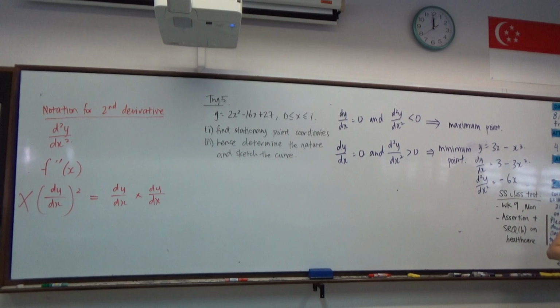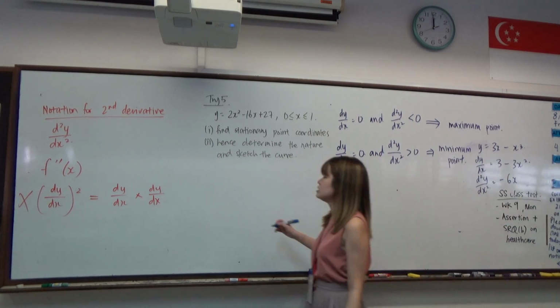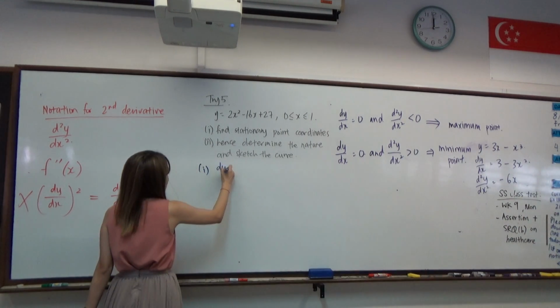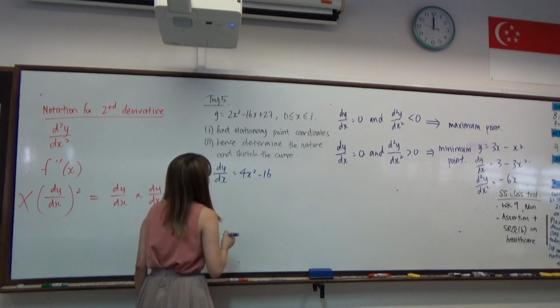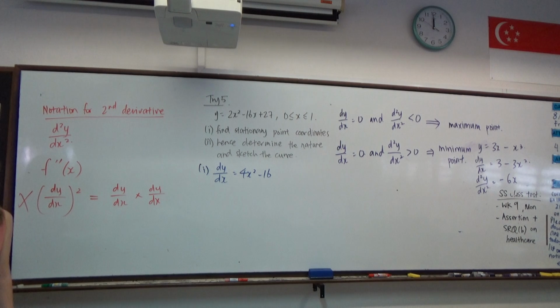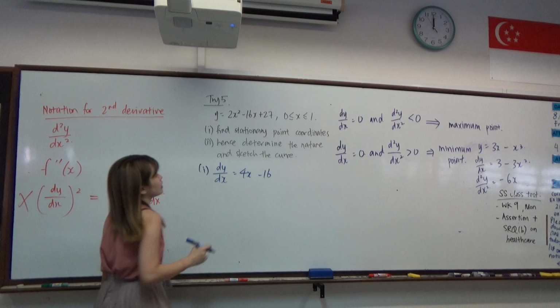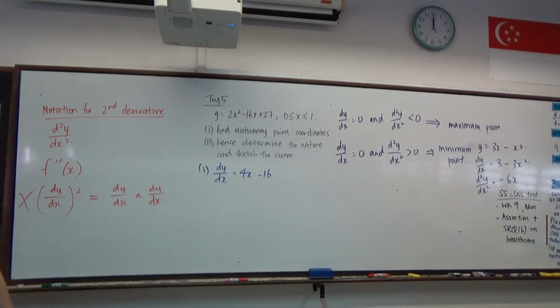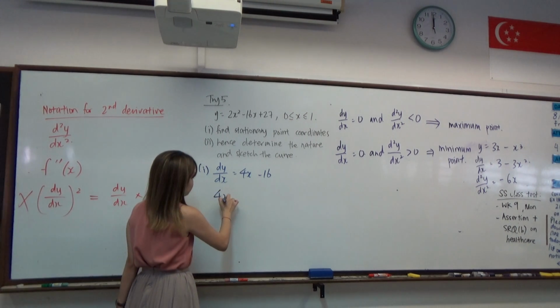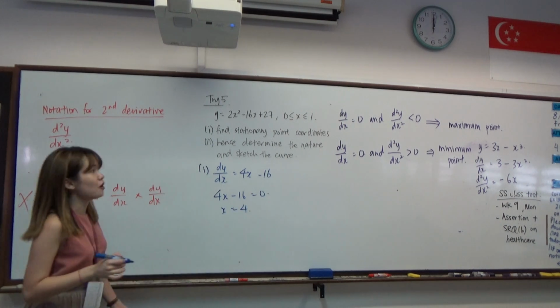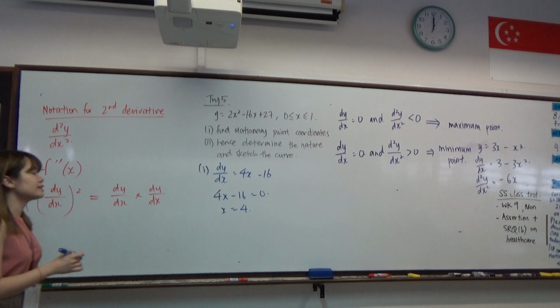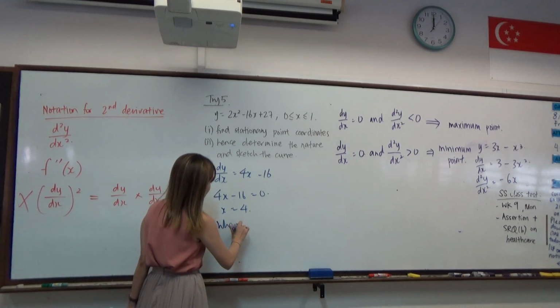To find the coordinates of the stationary point, we will differentiate the given equation first, and we get 4x minus 16. Since we're looking at a stationary point, the derivative must be equal to 0. So therefore, x is equal to 4. When x is equal to 4, we find the value of y.